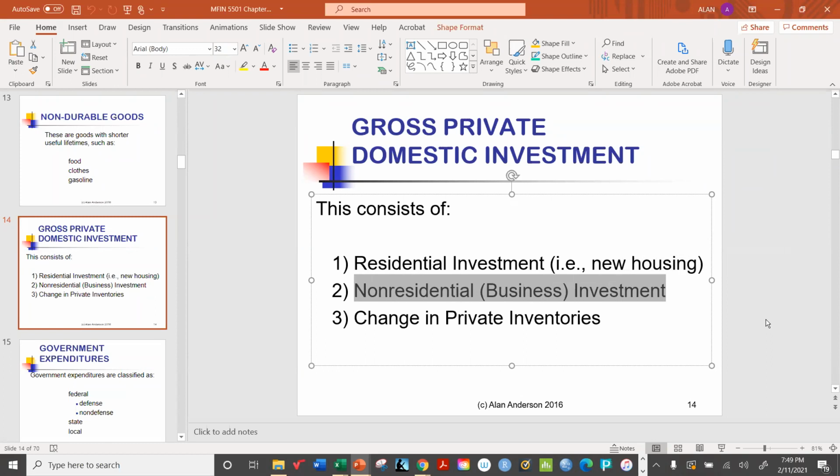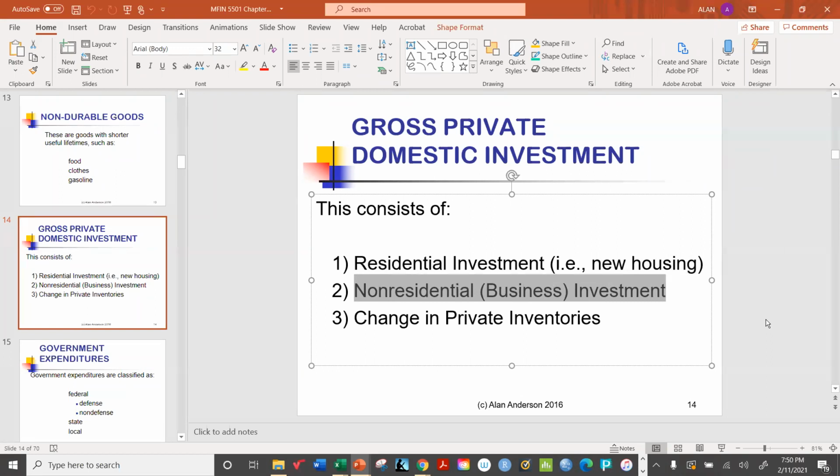Now, non-residential or business investment, this is where businesses invest in new equipment, they buy computers, they buy new buildings. In other words, these are products that are being purchased not for their own sake, but in order to make it possible for businesses to produce consumer goods and services. So, like a Starbucks, if they buy new blenders, that goes into this category.